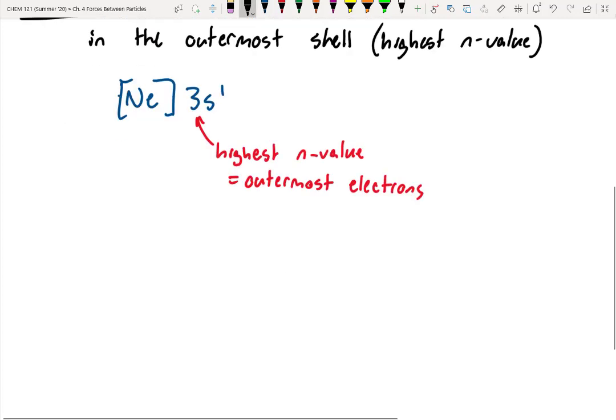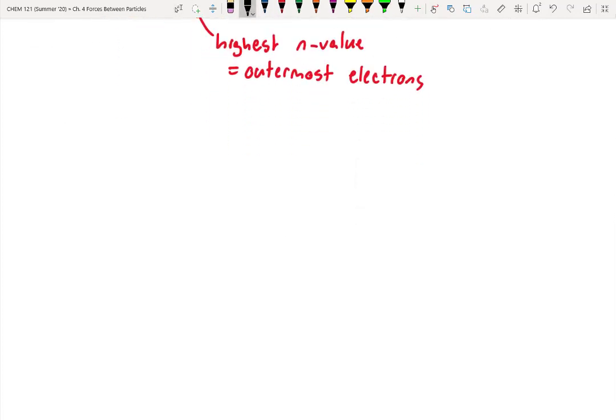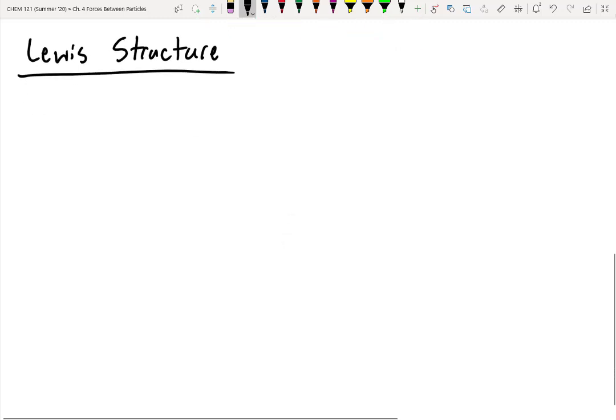And what I want to start with is by going over a new system called Lewis structure. And this is named after a chemist named Gilbert Lewis, who started studying how these different elements actually bond to one another. And there's two different types of bonding, or I should say two main types of bonding, and we'll talk more about those within this chapter.